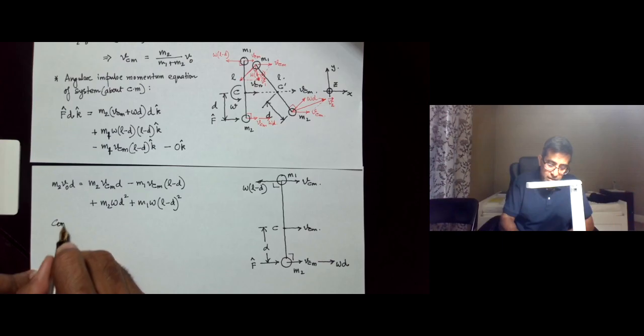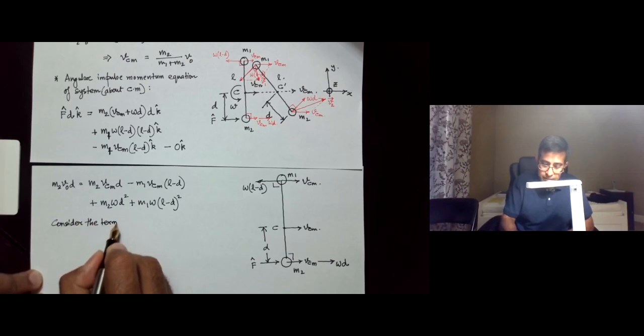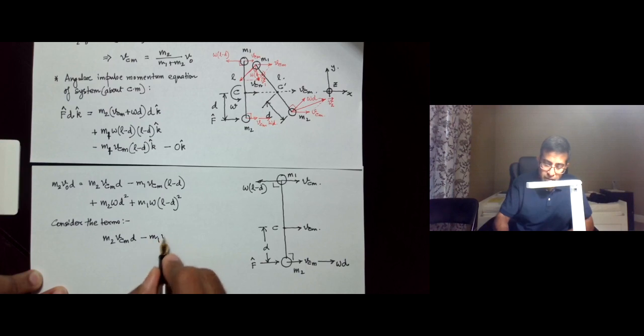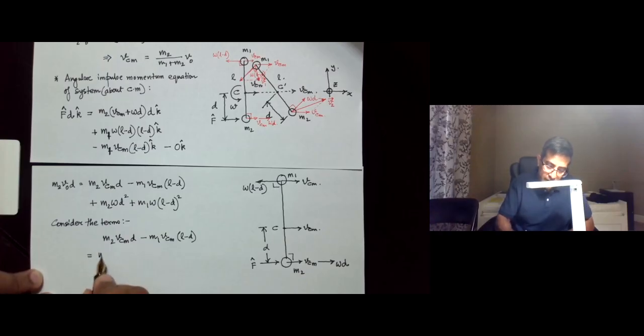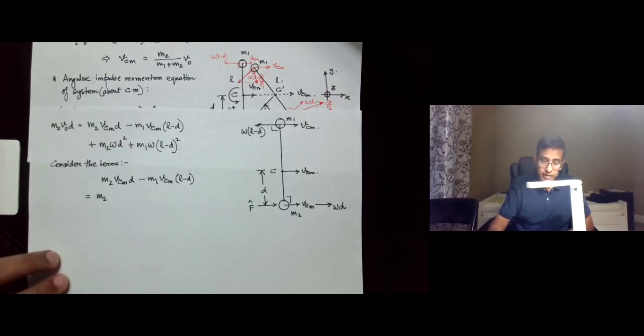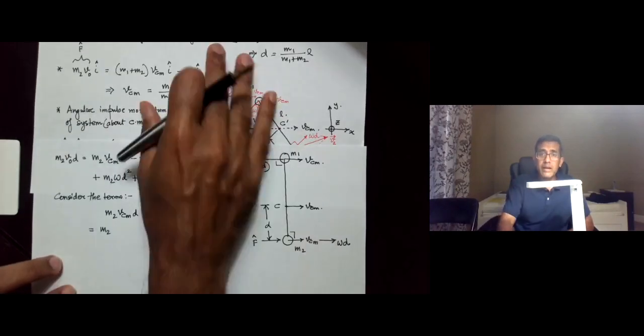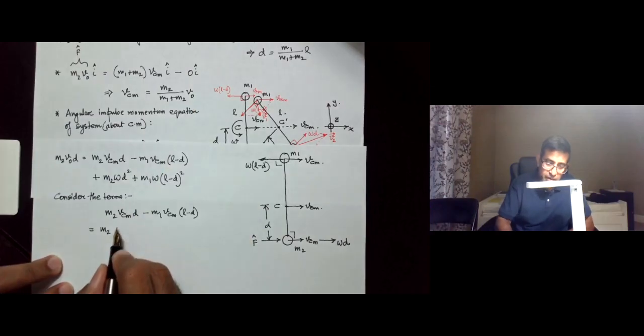So consider the terms M2 VCM d minus M1 VCM (L minus d). If we consider this term, then we have M2. Now VCM is as given here, M2 divided by (M1 plus M2).